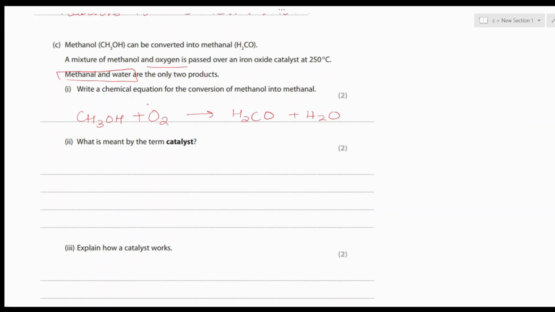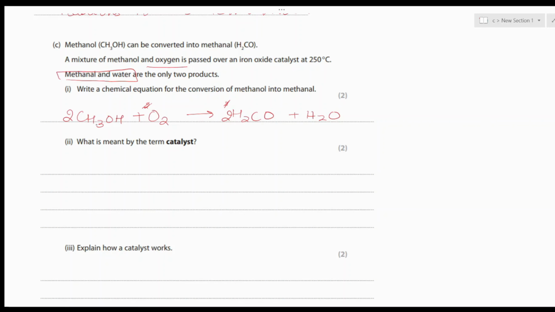Okay, let's say if we write 2 over here and 2 over here, the balance would be out. So let's not change this one. Let's change hydrogen. So there are 4 hydrogen. Let's make them more. Let's put 2 over here. Now we have 2 carbon. Let's put 2 over here.